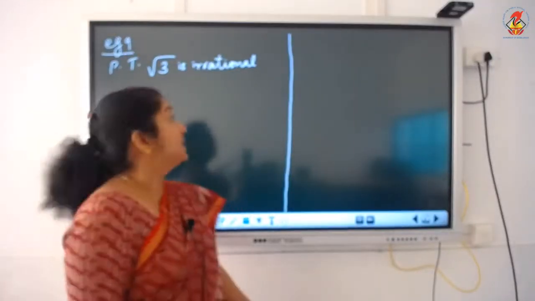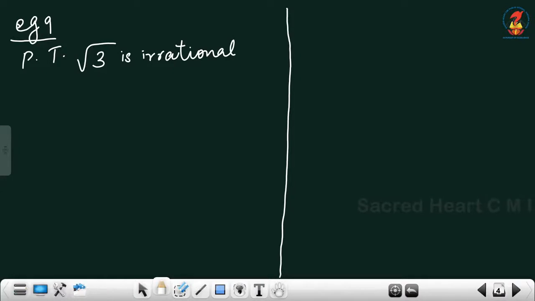Next is example 9. Prove that root 3 is irrational. We are supposing let root 3 be a rational number.